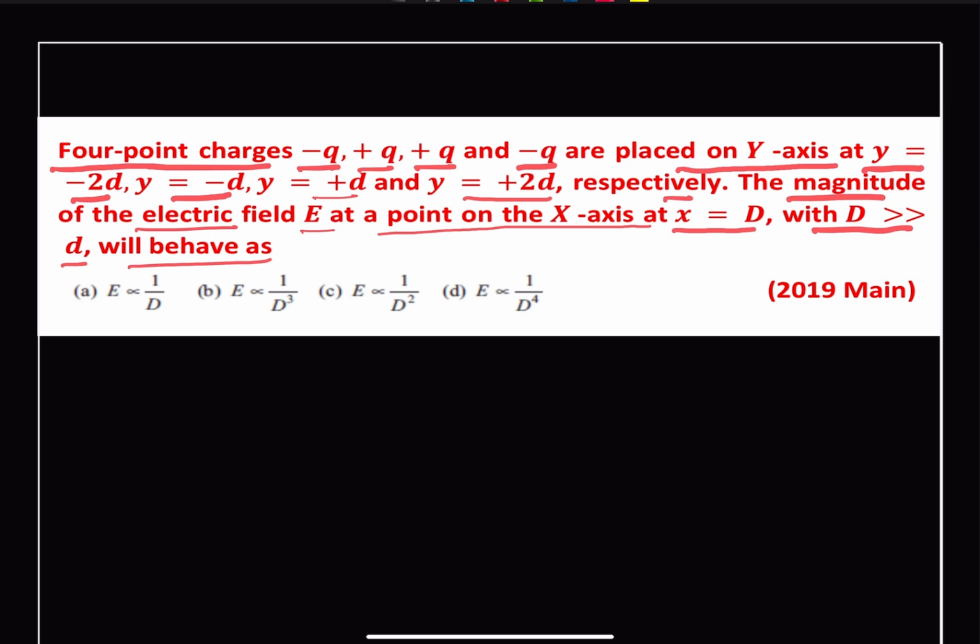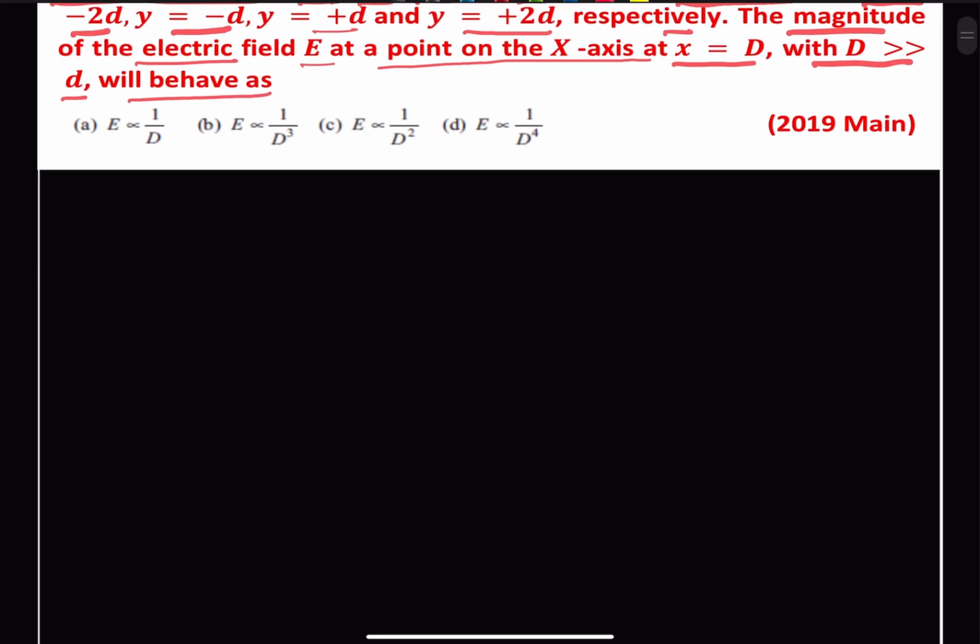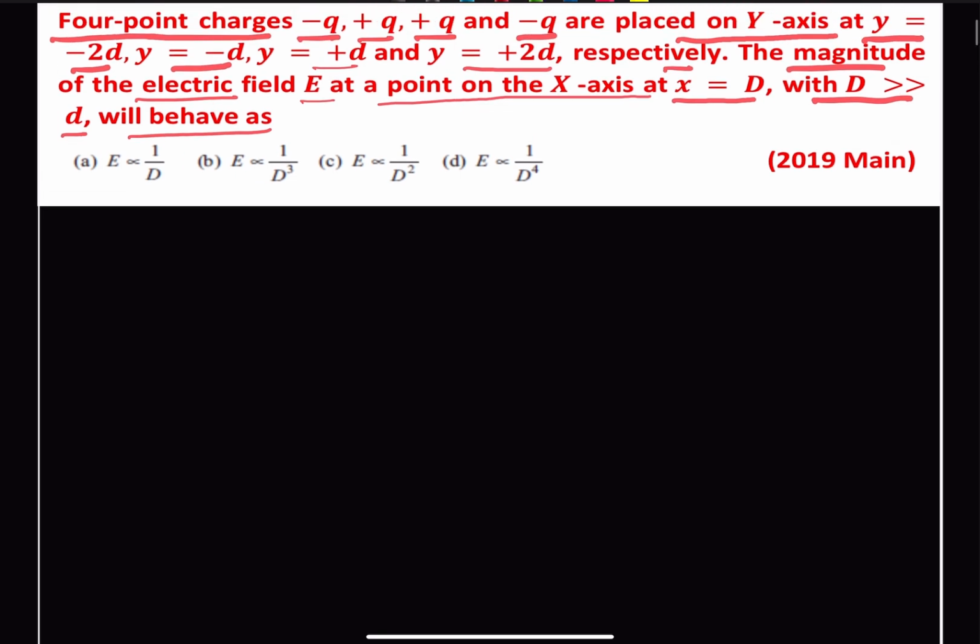And all these charges are on y-axis. So we can just draw an approximate figure for that. So this is our x-axis and y-axis, our origin, and we have charges plus q and minus q at plus d and plus 2d.